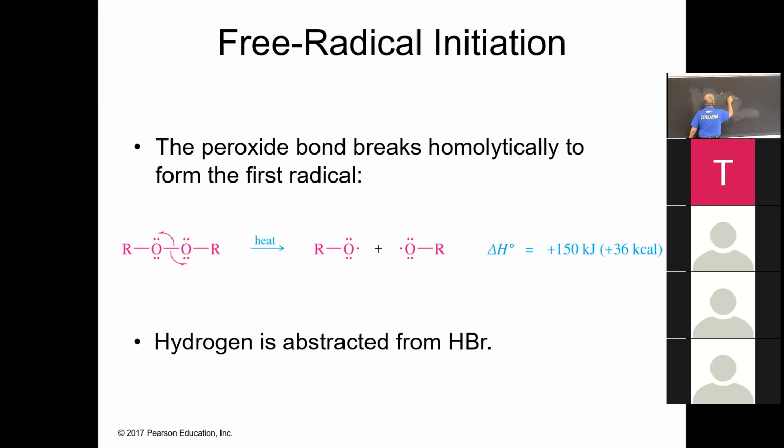And you use a single barbed arrow. This pair of electrons splits up. So that gives us ROH, and it gives us a bromine free radical. So one electron went this way, one electron paired up with this unpaired electron.